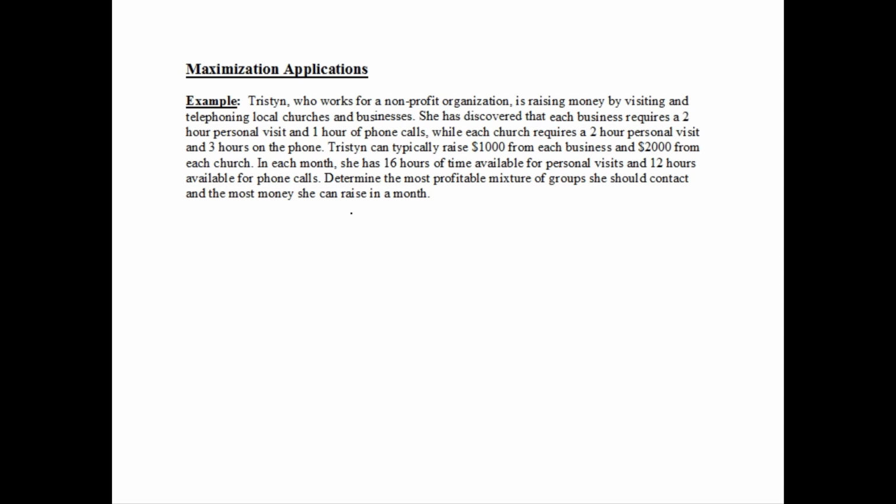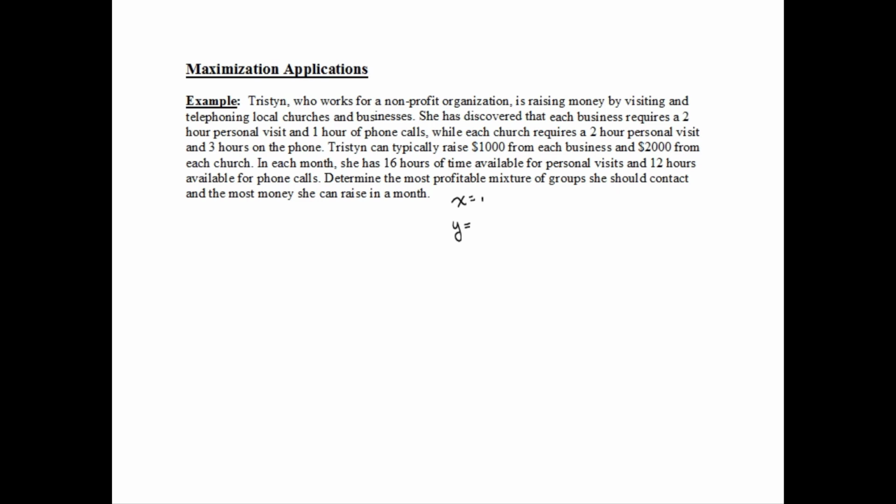Let's determine what our variables are going to represent. Let's use X and Y. She wants to determine the most profitable mixture of groups. What types of groups do we have? We have churches and we have businesses.